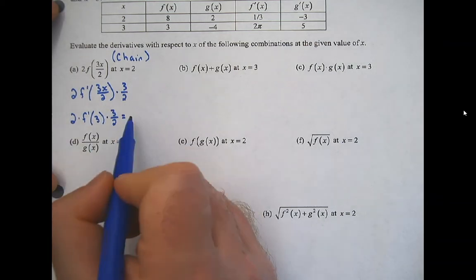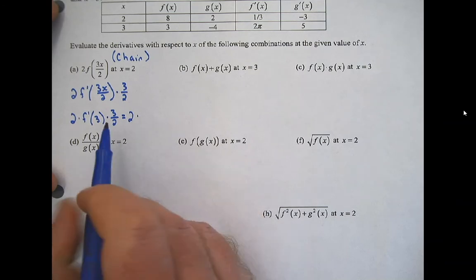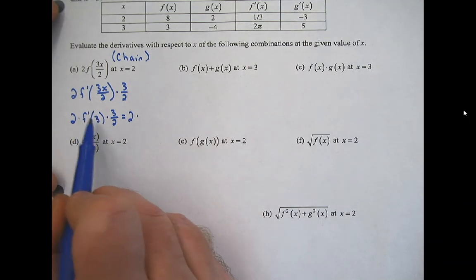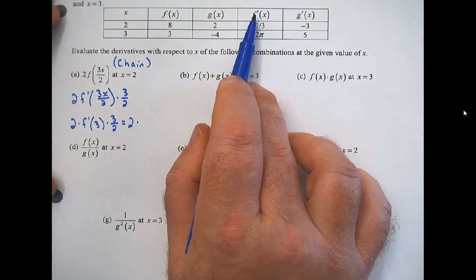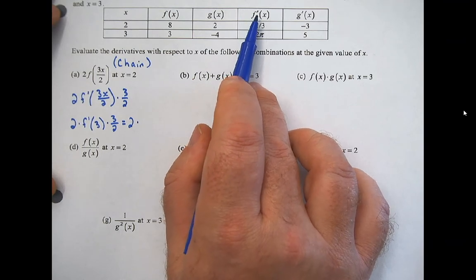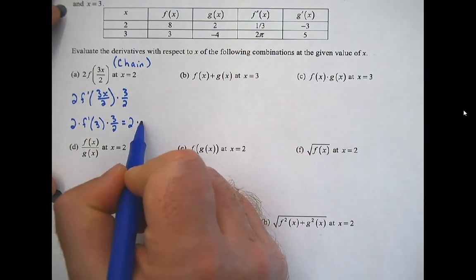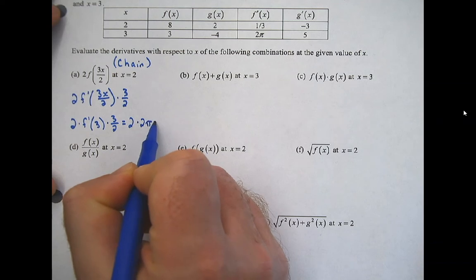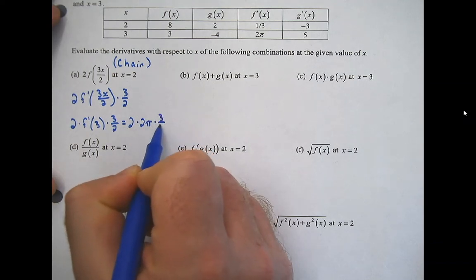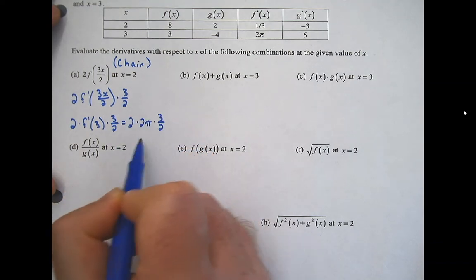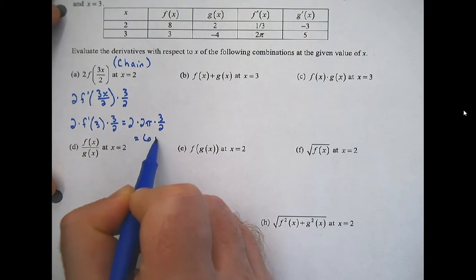All right, so now I've got 2 times f prime of 3. So I go to my f prime column in the table, I track down to 3, and I get 2 pi. So that gets replaced with 2 pi times 3 over 2. Those 2's cancel, but I still have another 2, so I would get 6 pi.